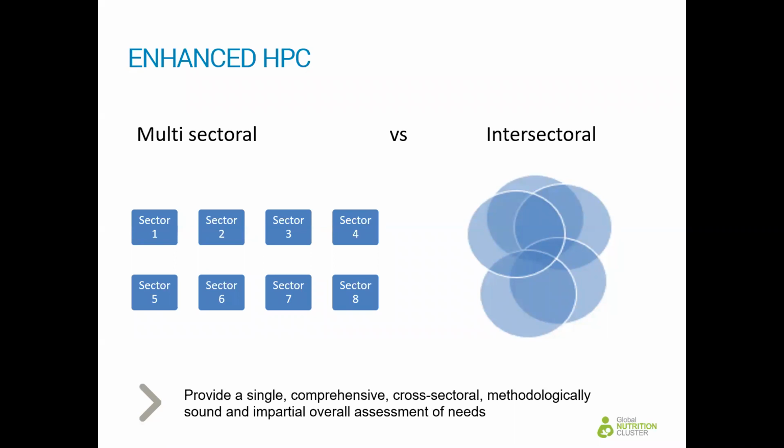But in the bigger picture, we still see each sector doing their good work. So how can we bring that together better so our collective response better meets the needs of the people we serve? In basic terms, that is what the enhanced HPC is trying to achieve. Next slide, please.